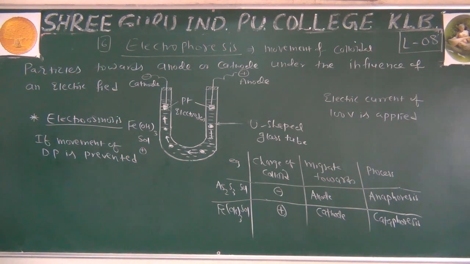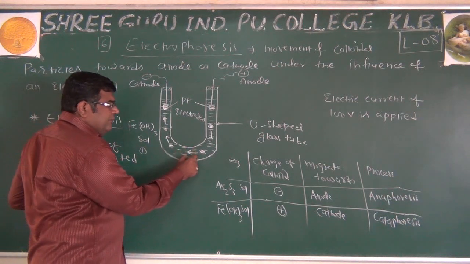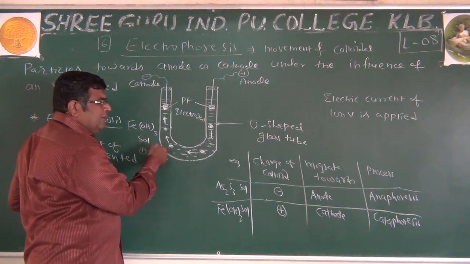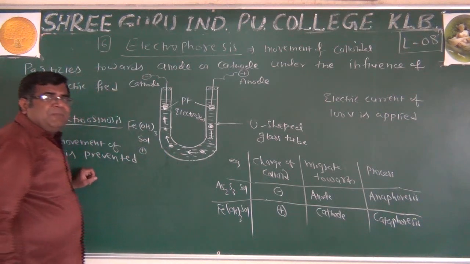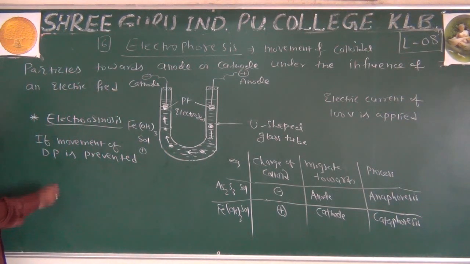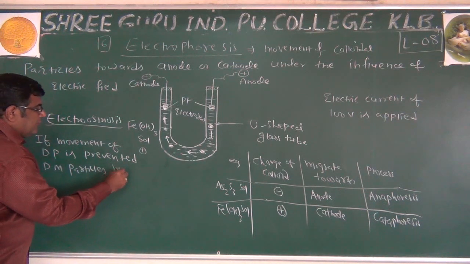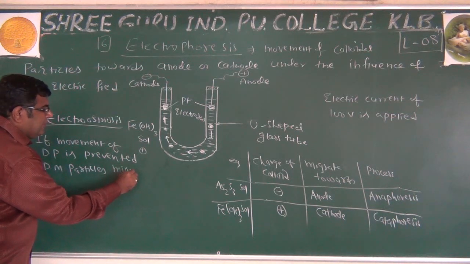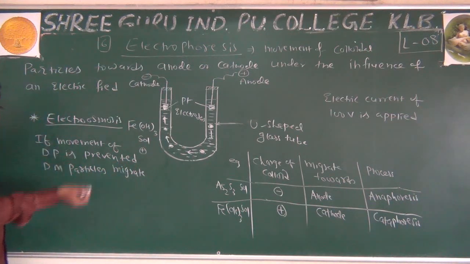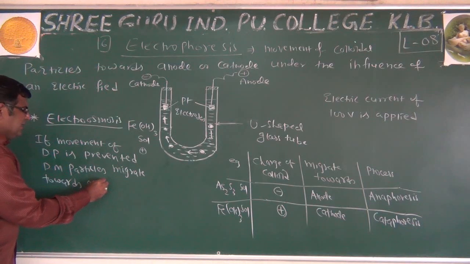By keeping a suitable membrane here, which allows only dispersed medium particles to pass through. DM particles migrate because they also carry charge, opposite charge as that of DP. Migrate towards the oppositely charged electrode.